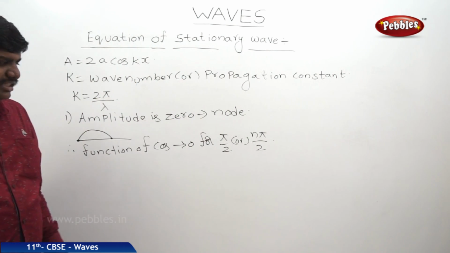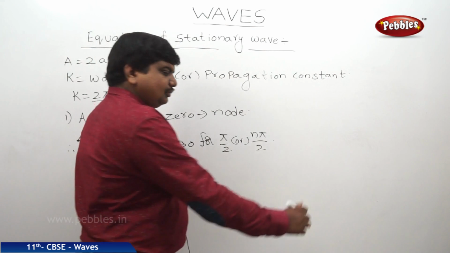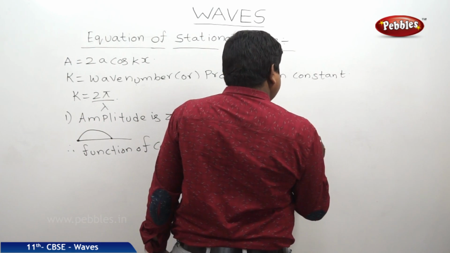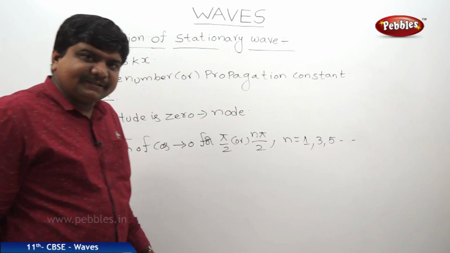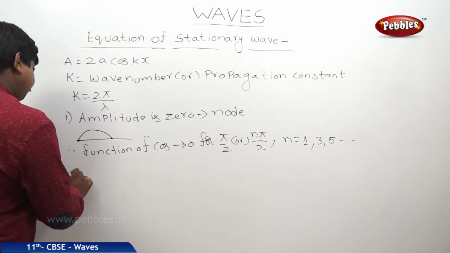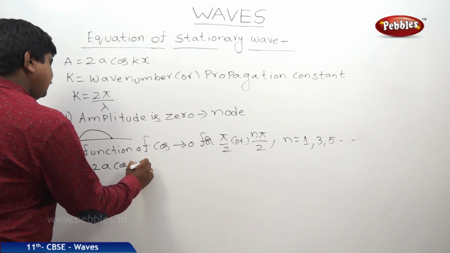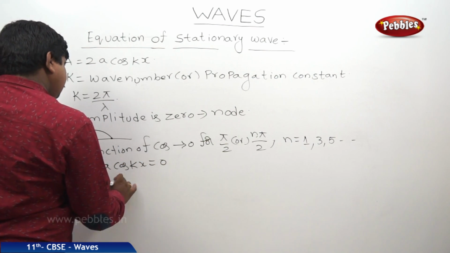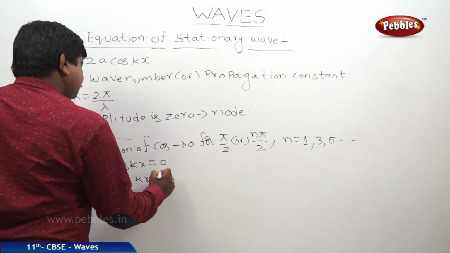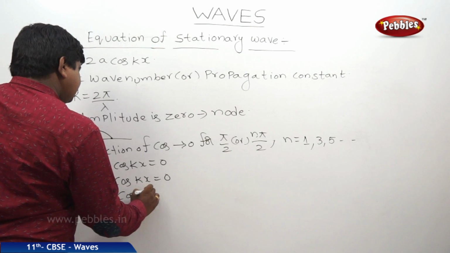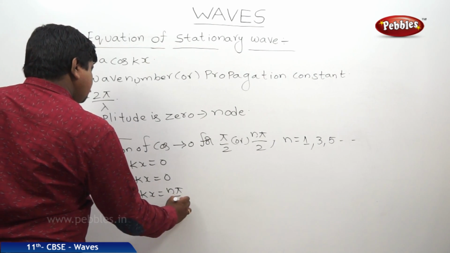In place of n we can substitute 1, 2, 3, 4 like this, so n is equal to 1, 3, 5 for odd harmonics. Therefore 2a cos kx is equal to 0, so cos kx is equal to 0, and kx is equal to n pi by 2.